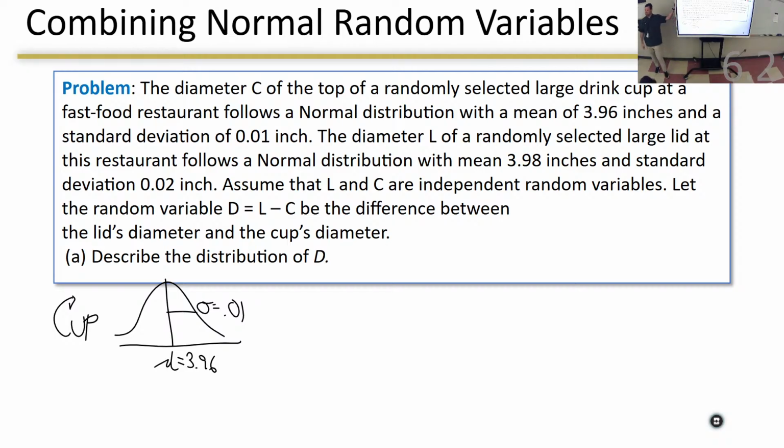Wow, that's a really small standard deviation. That's probably a good thing, because we don't want our cups varying a whole lot, right? We want those to be pretty darn consistent, so it's a good thing.